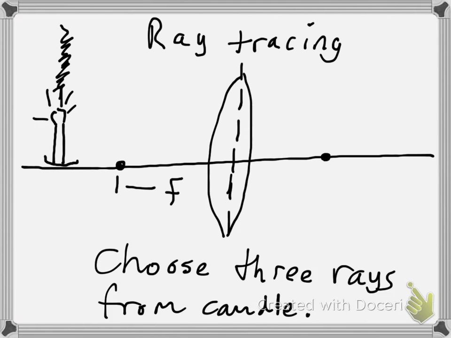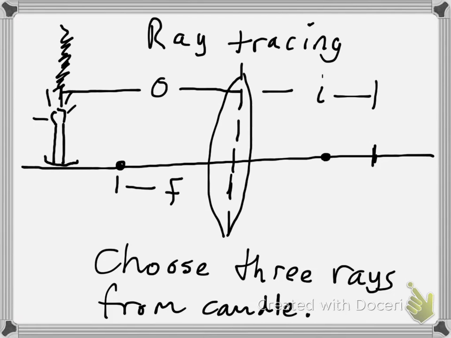The distance from the object to the axis will be our O, and then over here somewhere, wherever the image is, that will be I. Okay, so that ties in with the equation.